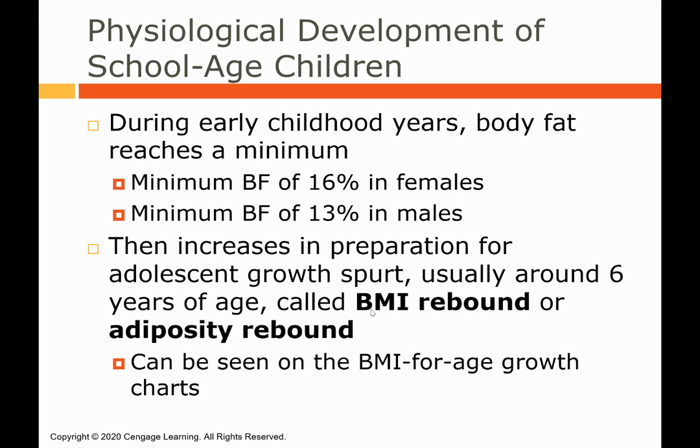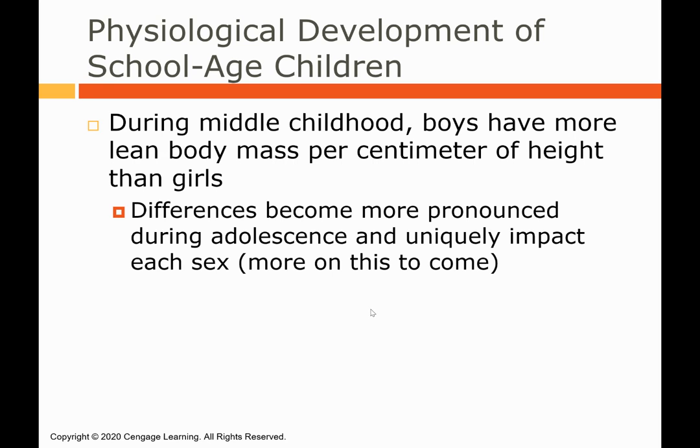It can be seen on the BMI for age growth charts, where as we are plotting our BMI percentiles, if you see a sudden increase in BMI, particularly around ages 6 or 7 or so, it could be the BMI rebound, where our body tends to store more fat, in part in preparation for the later years.